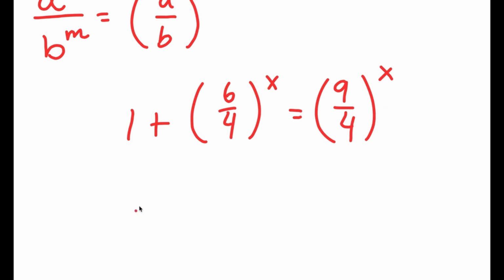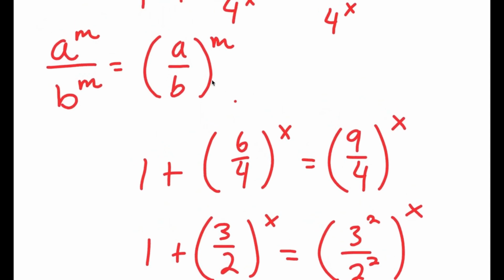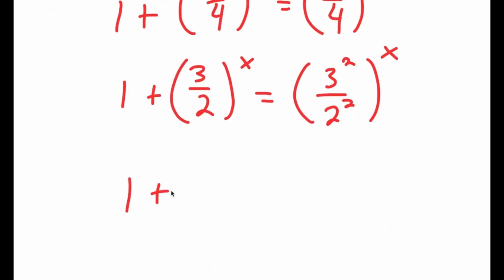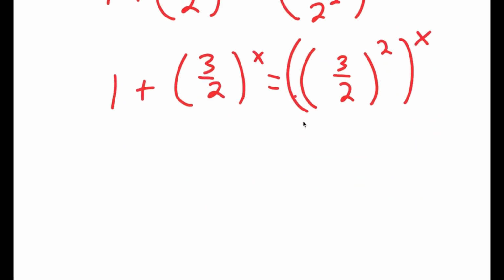Now I can simplify these fractions. So 6 over 4 is equal to 3 over 2. And 9 over 4 I'm going to rewrite as 3 squared over 2 squared. And I can actually use this property again for 3 squared over 2 squared. So that's going to equal 3 over 2 squared to the power of x.